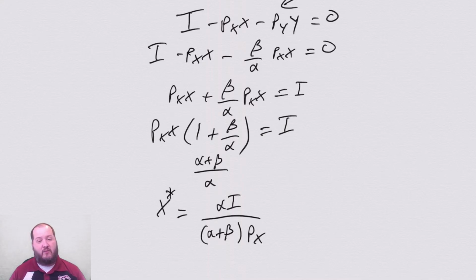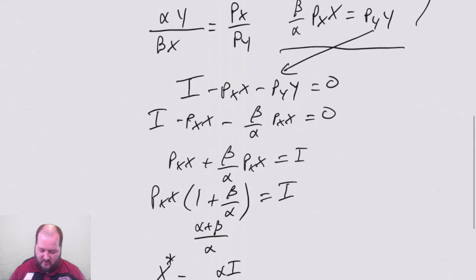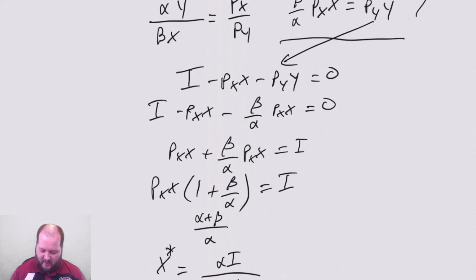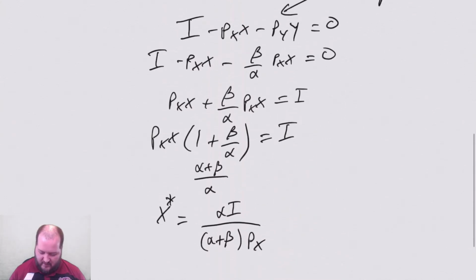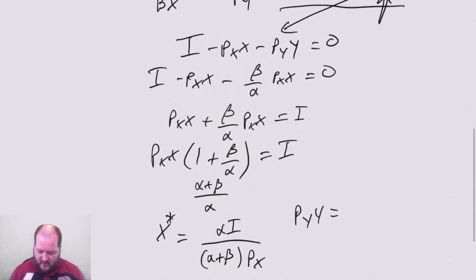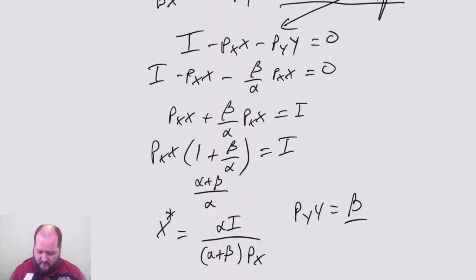So that is going to give us my equilibrium value for X, and I can go back through to my tangency condition, which is of course right back up here, and I can figure out my value for Y. So I had PYY equals beta over alpha PXX.